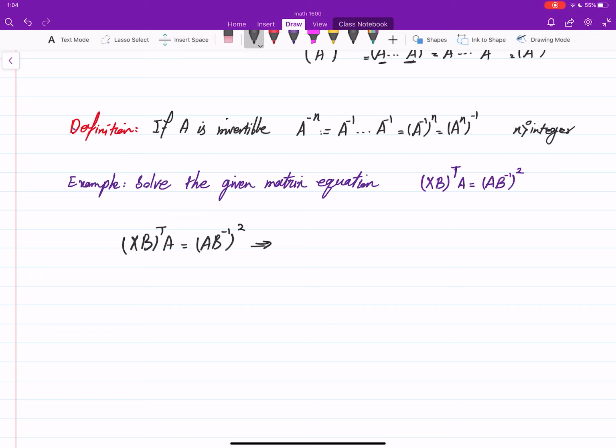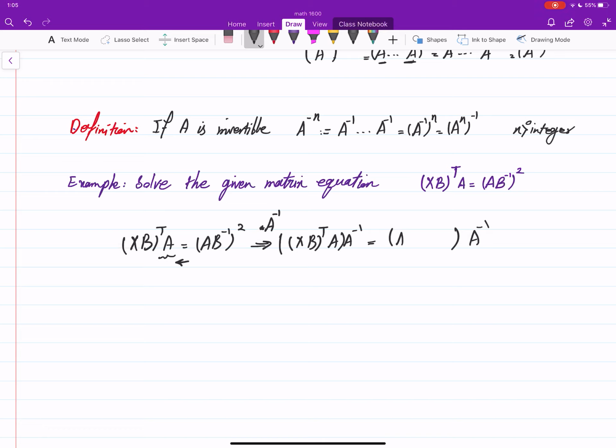First thing is that, to get rid of this A, we have to somehow cancel that A from there. But to cancel A, I need to multiply by A inverse. Here, I can only multiply from the right. So X B transpose A, oh, by inverse of A, sorry. This is A inverse. What is this?